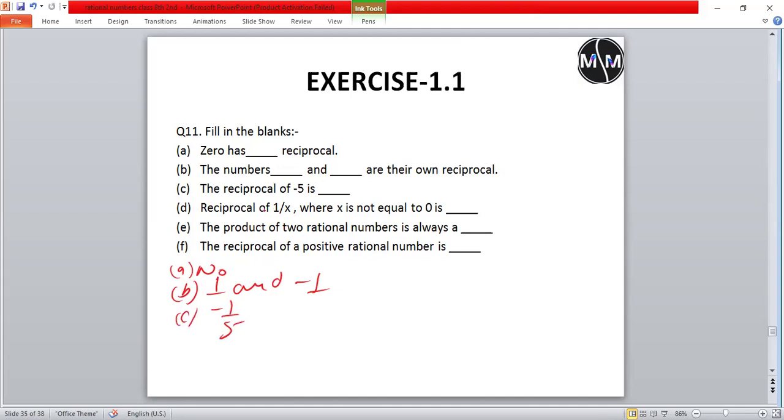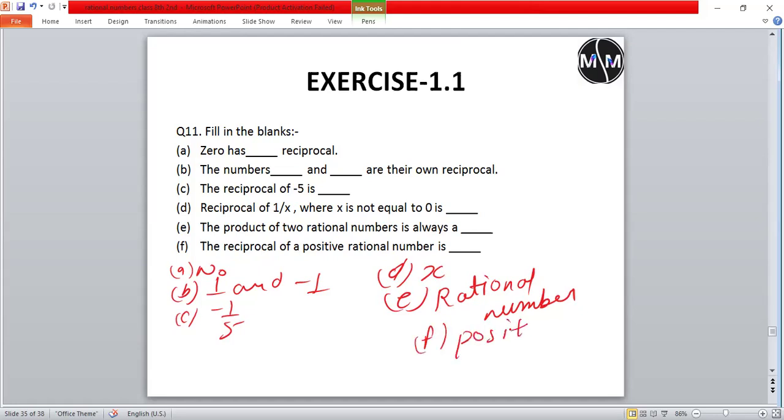The reciprocal of 1 by x, where x is not equal to 0, is x. The product of two rational numbers is always a rational number. The reciprocal of a positive rational number is positive. So here we complete exercise 1.1.